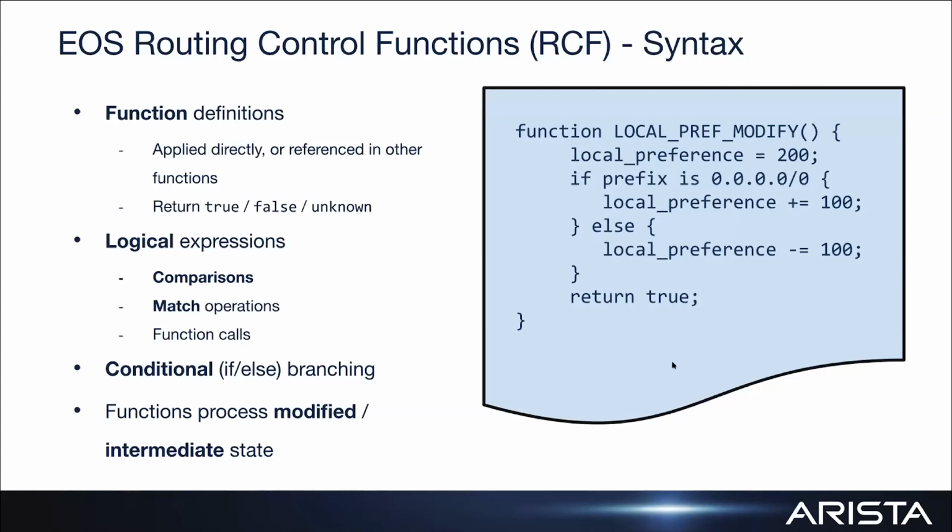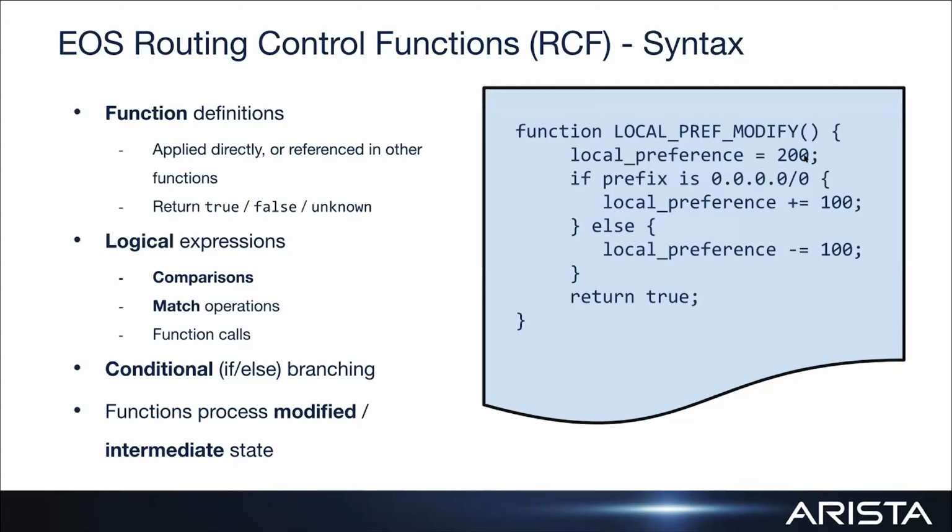Now, within our functions, we can then use logical expressions in the way you would expect in a normal programming language. So for example, we could do comparisons. We could compare a given prefix against a single prefix, or we could compare it against a prefix list. We can do match operations, so assignment. So in this example here, I'm using a variable, in this case called local preference, and assigning it a value of 200.